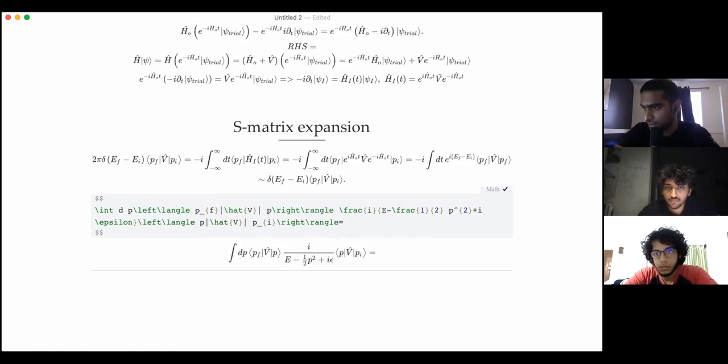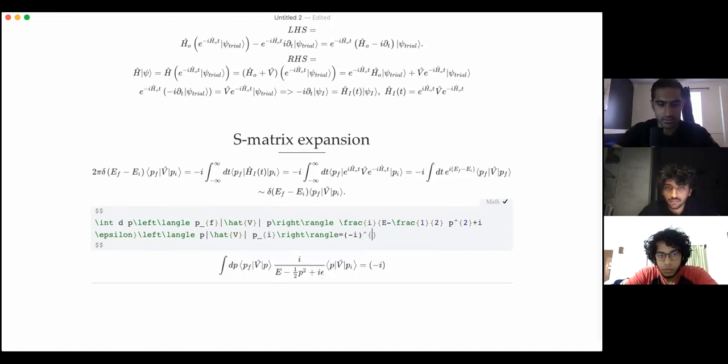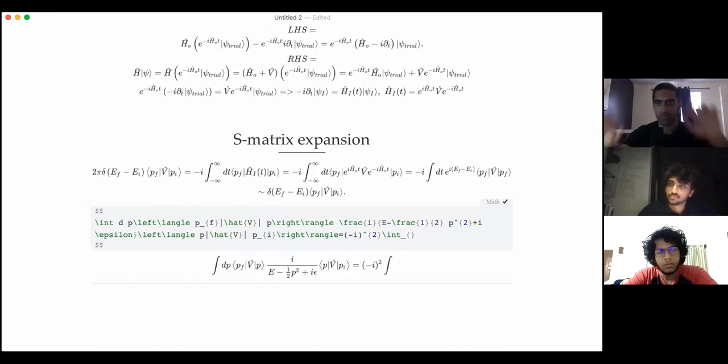So this should come from minus i squared, I think. And this is where we have to remember that our integrals are all ordered. So now we're going to the second order, and we're going to have to play a little bit with the order of the time integrals.